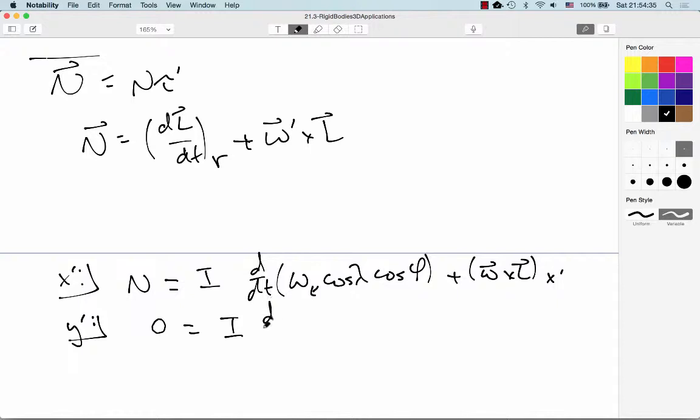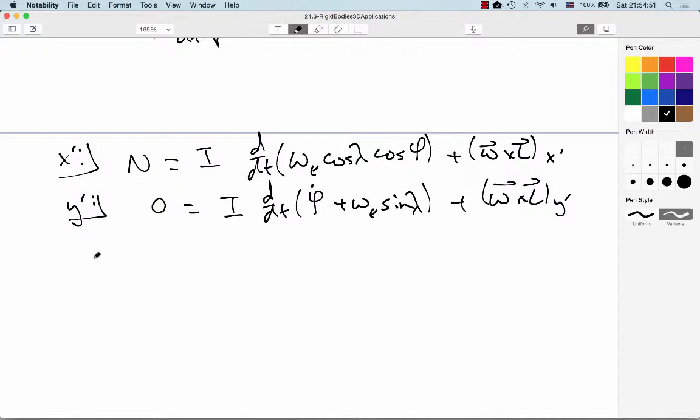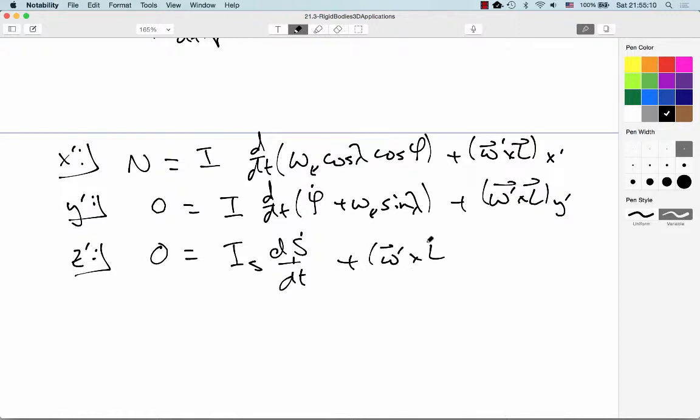So it'll be I times d/dt of phi dot plus omega E sine lambda, plus we'll have to pick out the y prime component of omega cross L. And then finally, the z prime component. That'll still be 0. We'll have an I_s s dot plus omega prime cross L, and we're taking the z component of that.